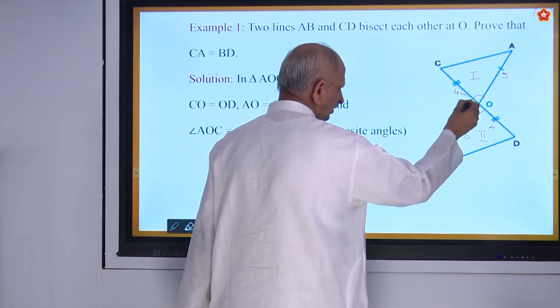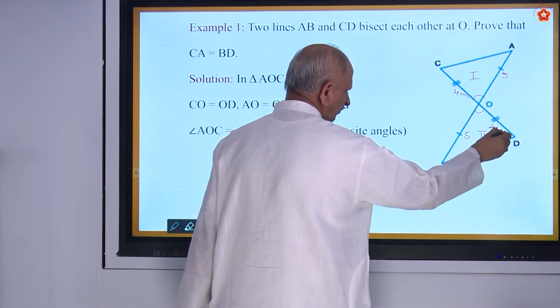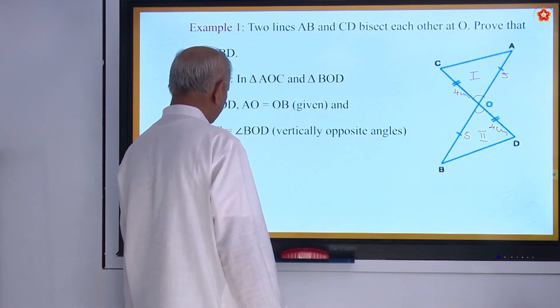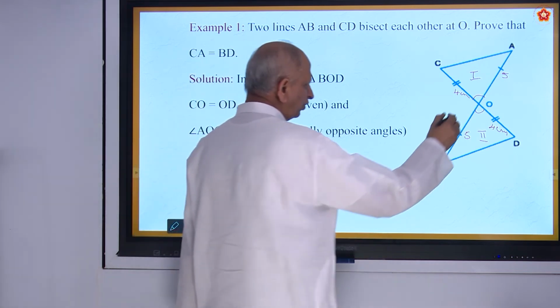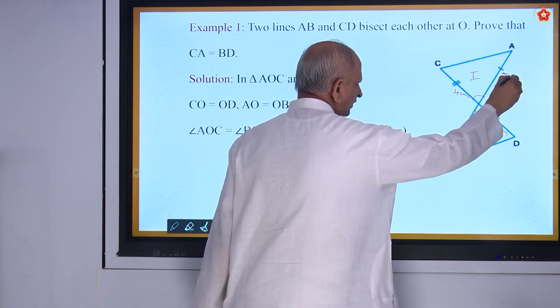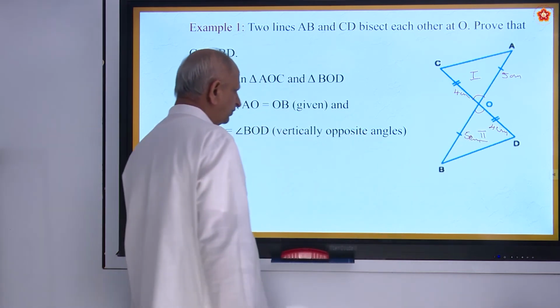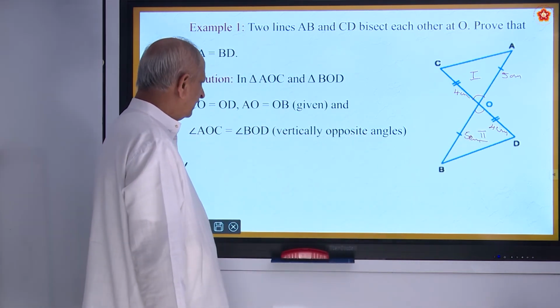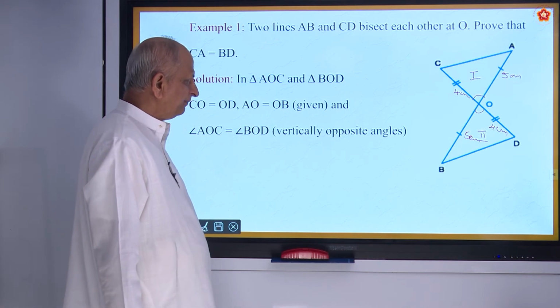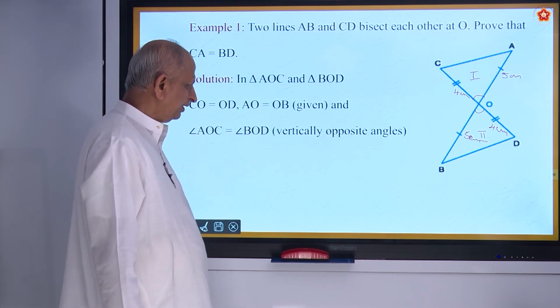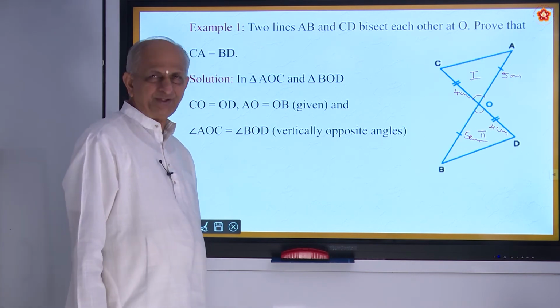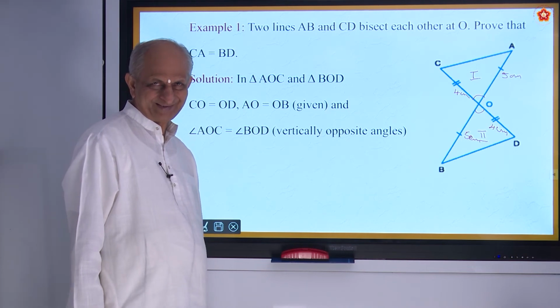If this is 4 centimeters, this also is 4. Then you have AO is equal to OB. If this is 5, OB also is 5. Angle AOC is equal to angle BOD, two angles are equal, vertically opposite angles.